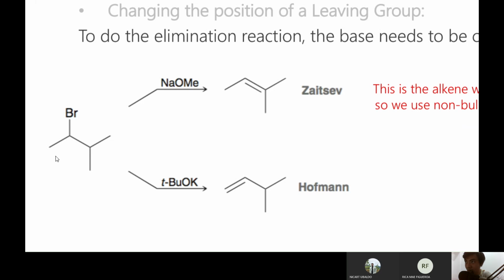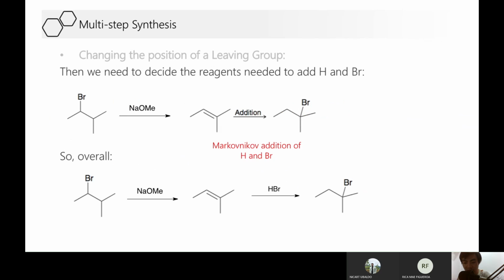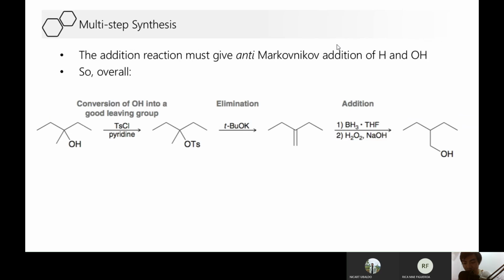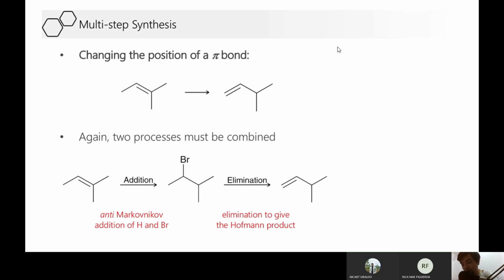Rather, it will access the hydrogen at the terminal, so you get the terminal alkene, the Hofmann product. If the base is small, such as methoxide, OMe, it can access this hydrogen, forming the Zaitsev product. We don't need to cover that, since we discussed it last time. With that, we're done.